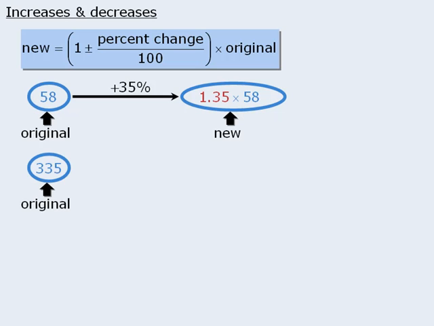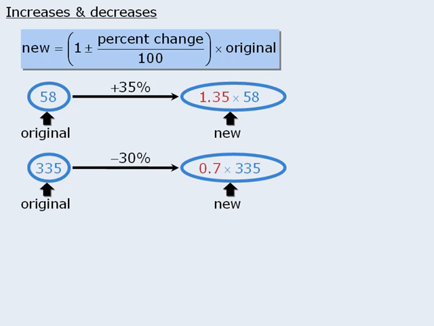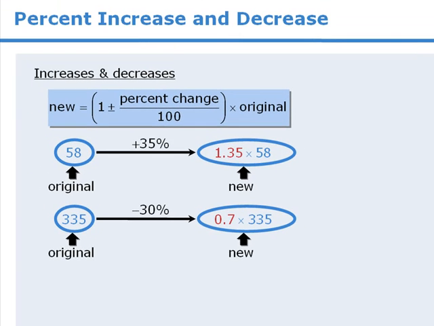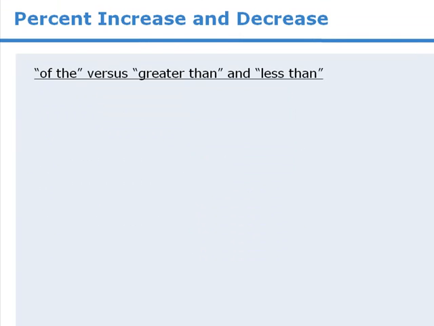Similarly, if we begin with the number 335 and we want to decrease it by 30%, this is the same as taking 335 and multiplying it by 0.7. The reason for this is that 30% is equal to the decimal 0.3, so when we subtract 0.3 from 1, we get 0.7.